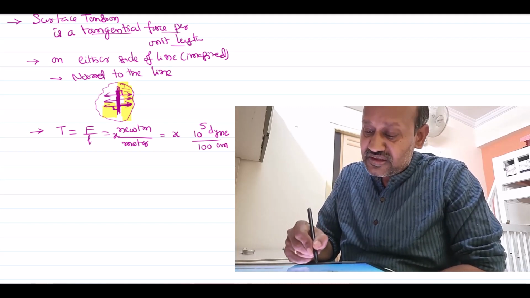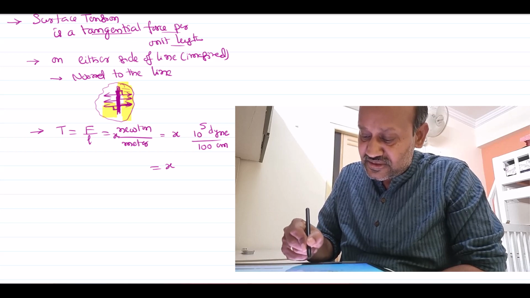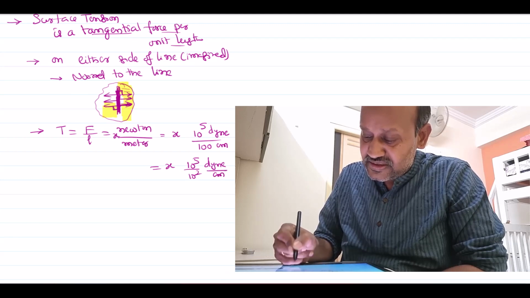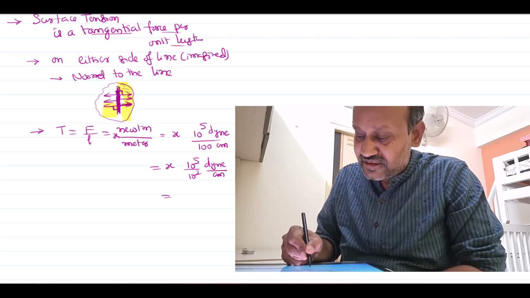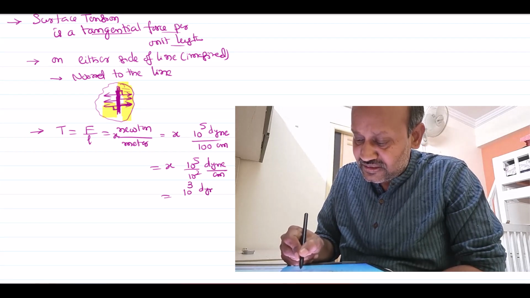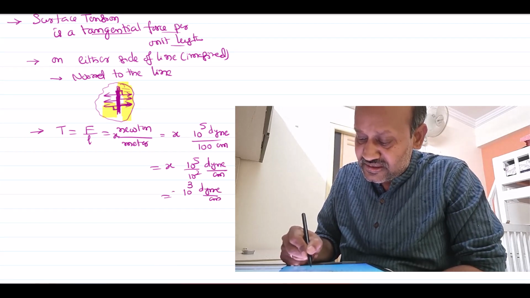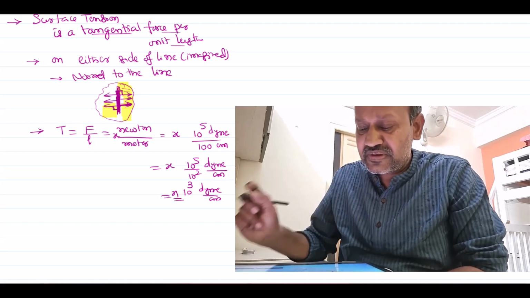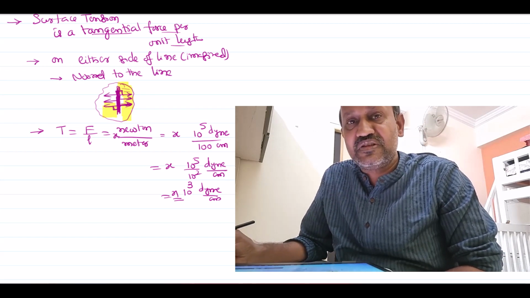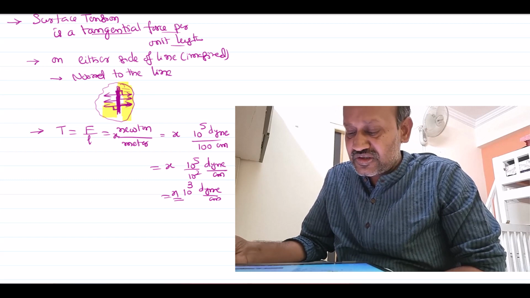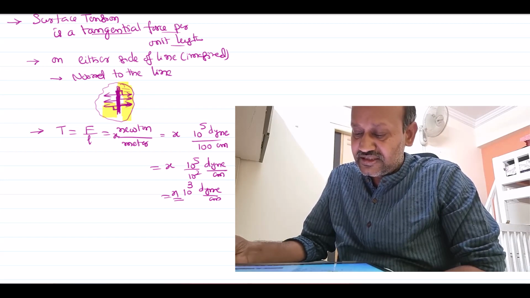So the value of the surface tension in the CGS system will be x times 10 power 5 by 10 power 2, which is 10 power 3 dyne per centimeter, the same value of x. So you can express surface tension in any system of units based on your requirement, and we can convert them from one system to another system, right?